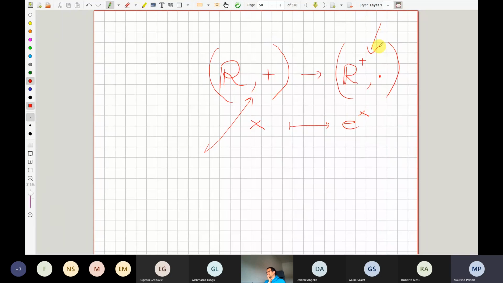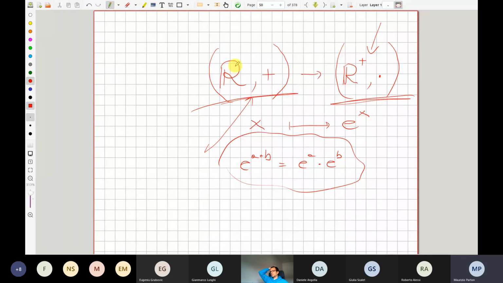Yes. And you see, this is important. This is the famous formula e to the a plus b equals e to the a times e to the b. This formula is not important because of the formula, but because it expresses the fact that these two quite different sets, one is every number, including negative numbers, the other one is only strictly positive numbers, these two sets are completely the same from the point of view of the multiplication here and addition here.